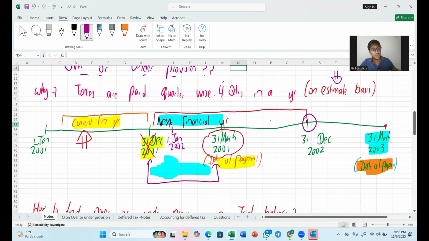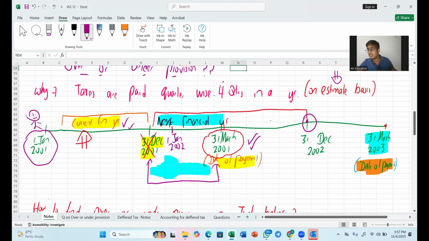For example, say that you're standing here. This is you. See this ugly person? He's standing on 1st January. You tell me, can he exactly predict or guess how much the final tax payment will be that he'll be making on 31st March for the current financial year?